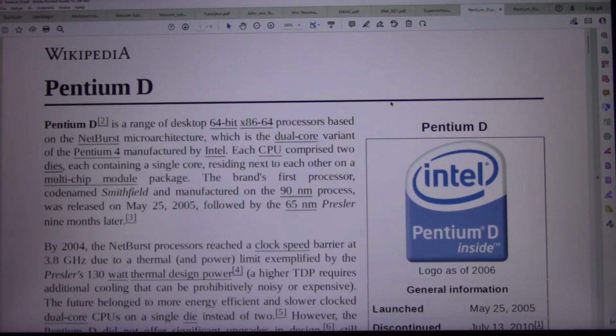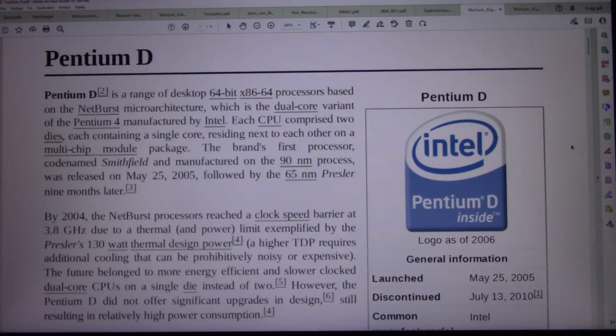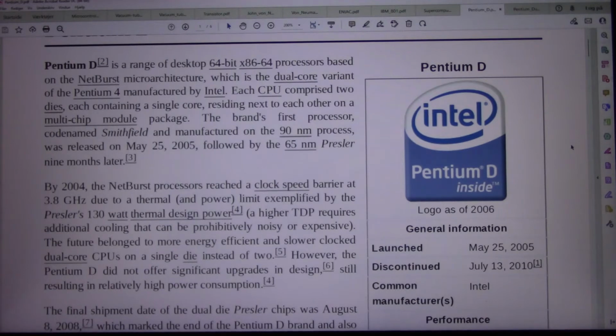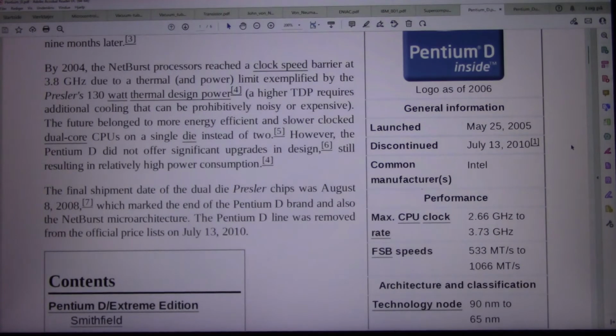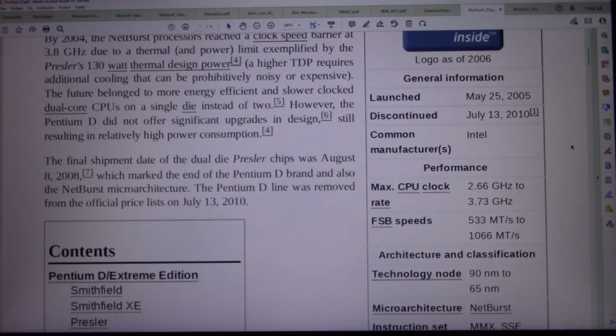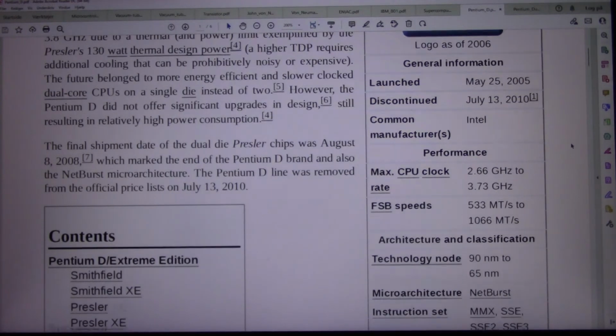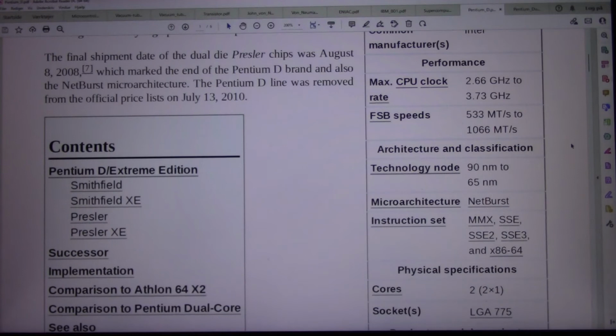Pentium D. Intel Pentium D logo as of 2006. General information: launched May 25, 2005. Discontinued July 13, 2010. Common manufacturer: Intel. Performance: CPU clock rate 2.66 GHz to 3.73 GHz. FSB speeds 533 MT/s to 1066 MT/s.